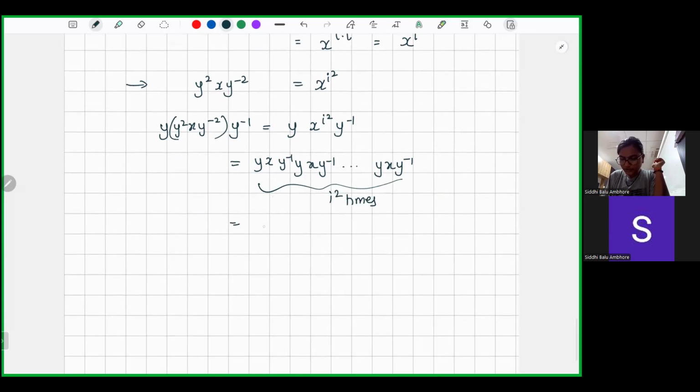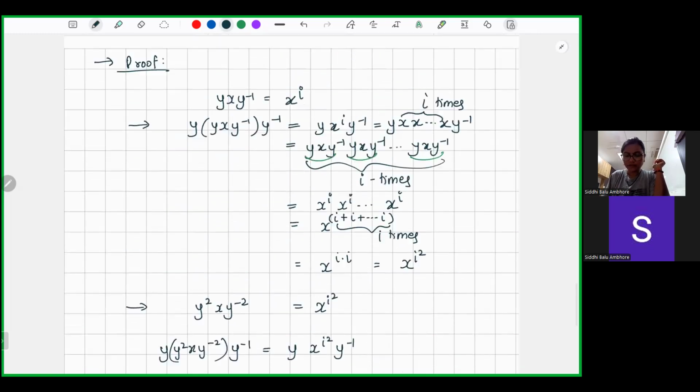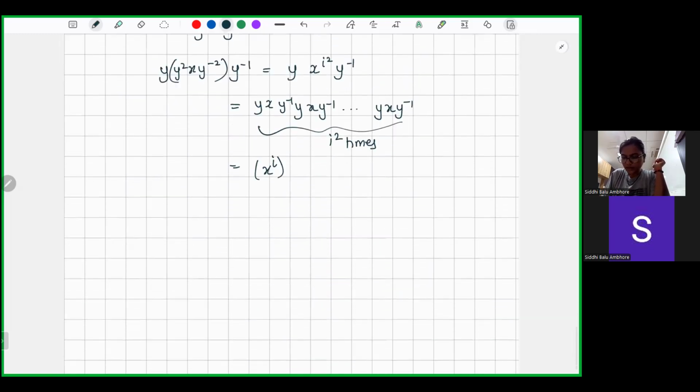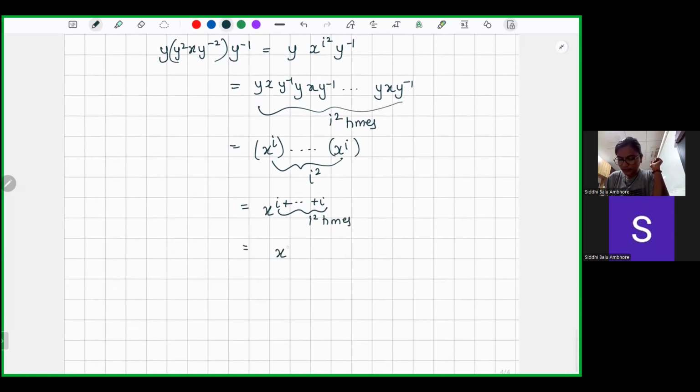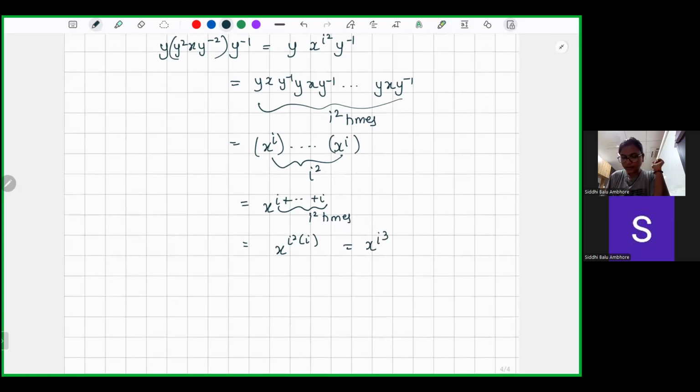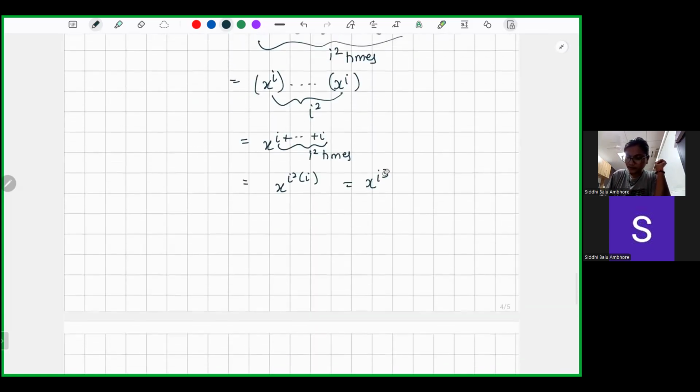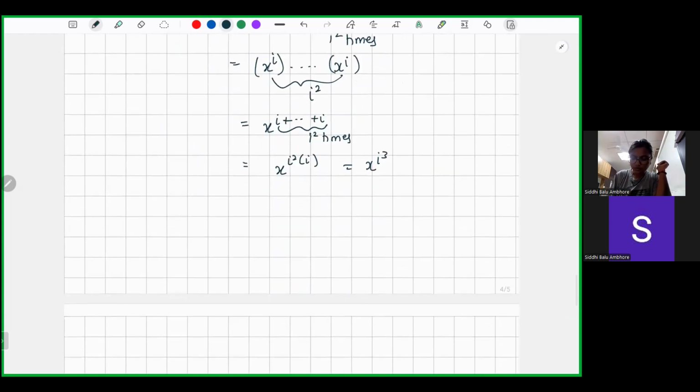But each of these is x power i, from the given condition. So x power i, this is now i squared times. If I club them, this is x power i times i squared, so this is x power i cubed, and this is what we wanted to do here.